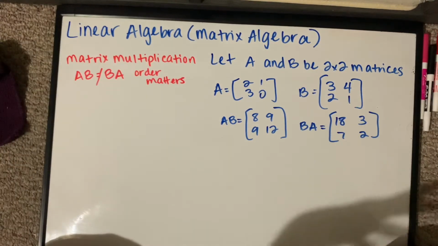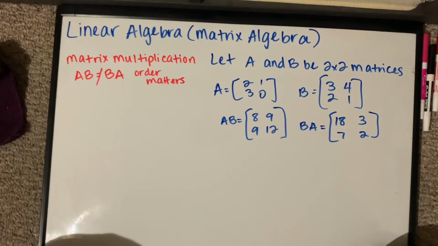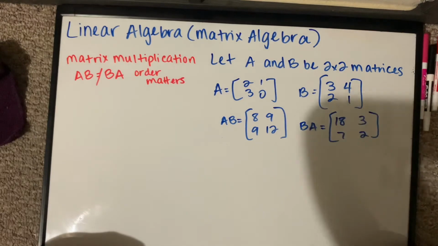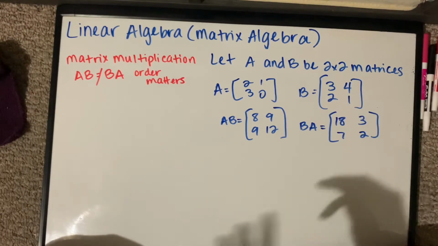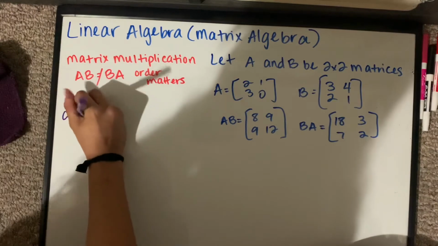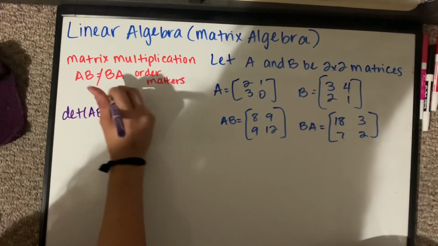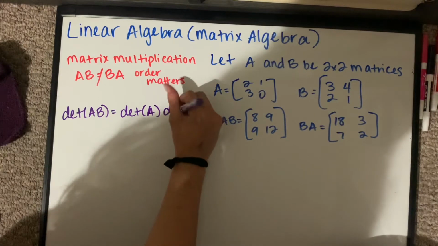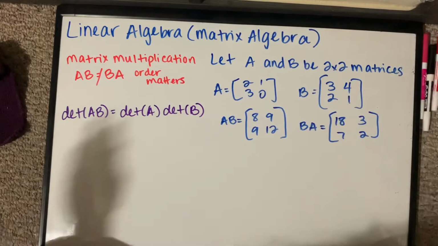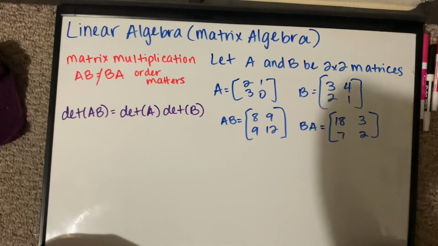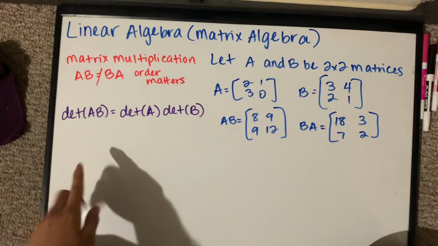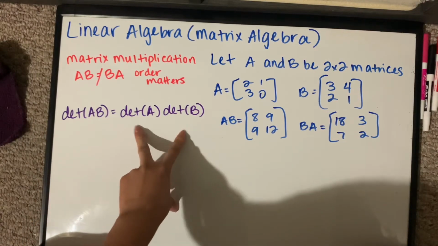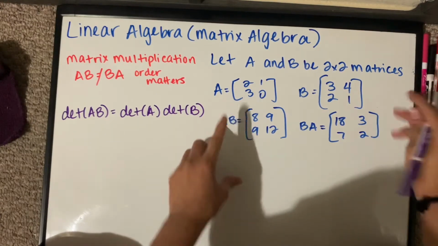Another important topic we talk about in linear algebra is determinants. One of the properties that we learn that is very important is this property. It'll become much more clear after I find the determinants, but you can find the determinant of the product matrix by multiplying the determinants of the original matrices.